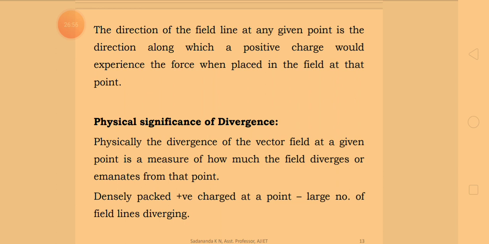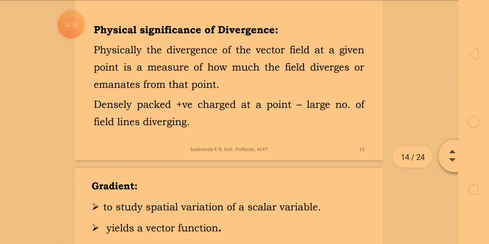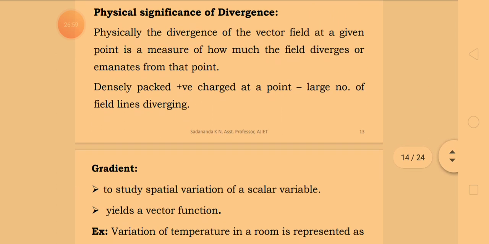Next concept is the physical significance of the divergence. The physical significance is that the divergence of the vector field at a given point is a measure of how much the field diverges or emanates from that particular point. I hope I have explained clearly the concept of divergence.